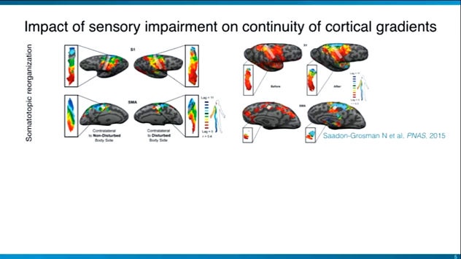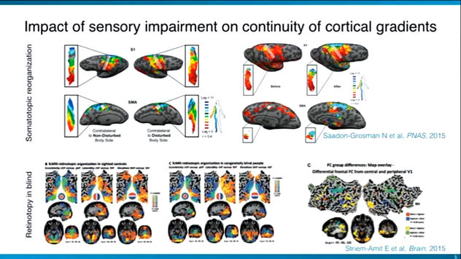They put individuals in the scanner and tactilely stimulated across the body schema. Within healthy individuals on the left, you can see a really nice gradient of somatotopic organization, which was disturbed in individuals with specific damage. Following surgical intervention, that gradient was relieved and returned to a more normal state.